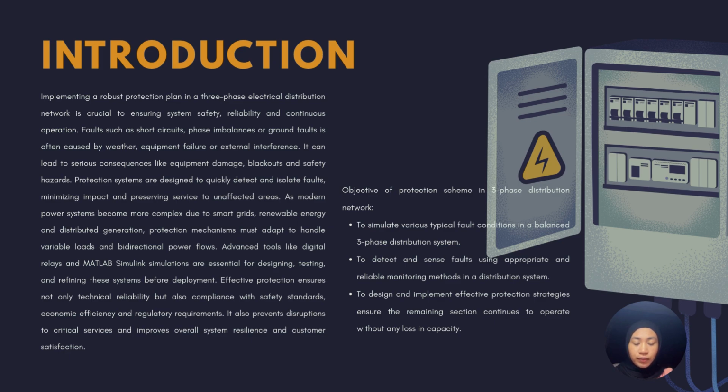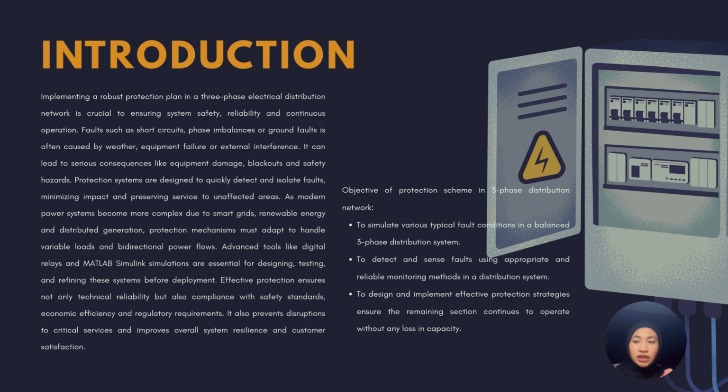Now I would like to talk about the introduction to our project. Implementing a robust protection plan in a three-phase electrical distribution network is crucial to ensuring system safety, reliability, and continuous operation.